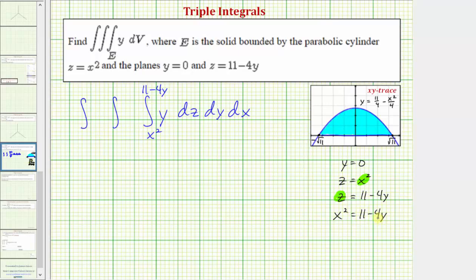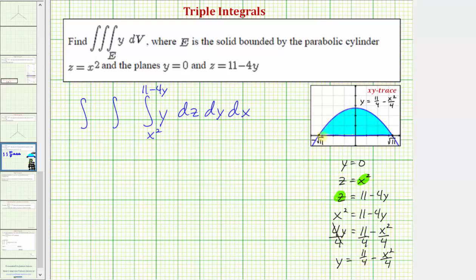And if we solve this equation for y, let's go ahead and add 4y to both sides, as well as subtract x squared on both sides, which would give us 4y equals 11 minus x squared. Dividing both sides by 4, notice how we get y equals 11 fourths minus x squared divided by 4. So this is a graph of this parabola here, where the y-intercept would be 11 fourths.